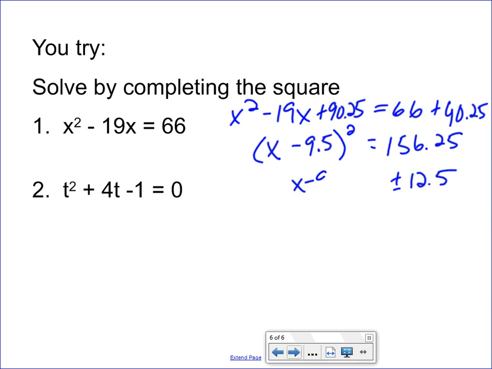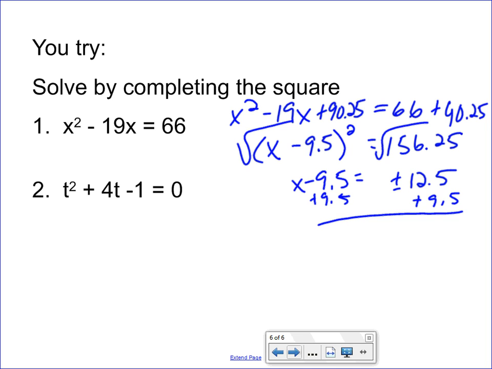So x minus 9.5 equals positive or negative 12.5. But then if I add the 9.5 to both sides, I'd have x equals positive 12.5 plus 9.5 would be 22. A negative 12.5 plus 9.5 gives you negative 3. So your solutions would be 22 or negative 3.